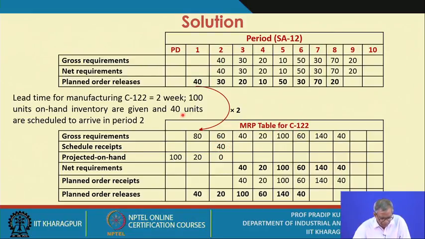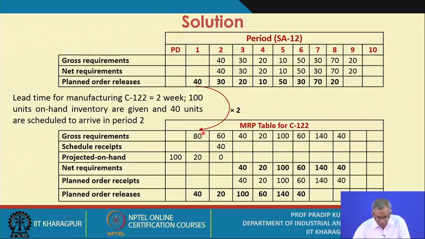That is mentioned, that 40 units are scheduled to arrive in period 2. So, this is your updated information. The projected on hand is also mentioned, that means 100 units on inventory are given. So, 100 units are already there.